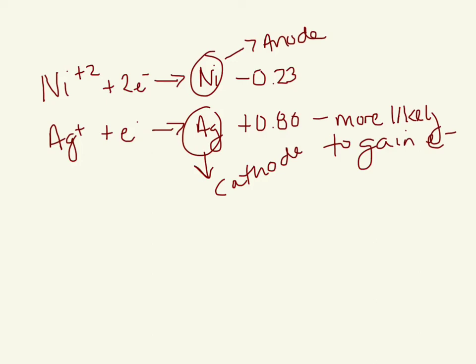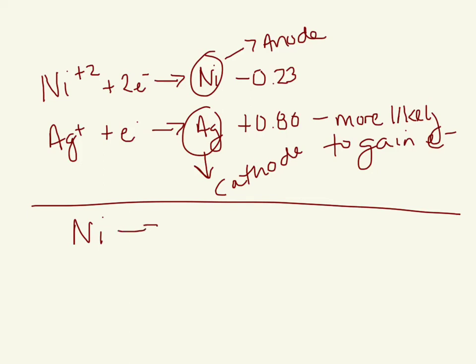So what you're going to do is rewrite these 2 equations down below. But you're going to take the nickel and you're going to write it as an oxidation, because that's actually what's going to take place in the cell. Nickel will oxidize to nickel plus 2 electrons. And now I'm going to take its half cell reduction potential and flip the sign, because now I've got an oxidation taking place, positive 0.23.